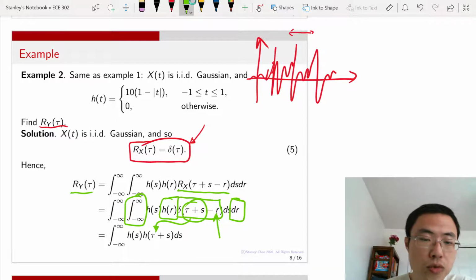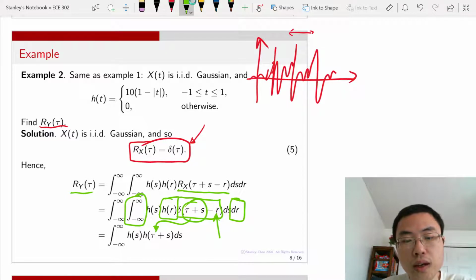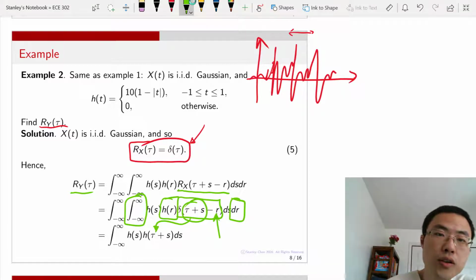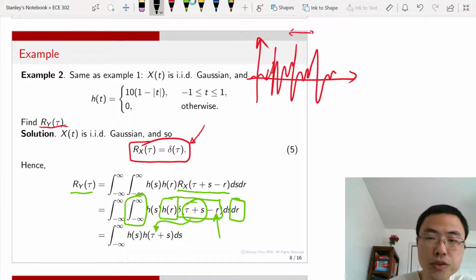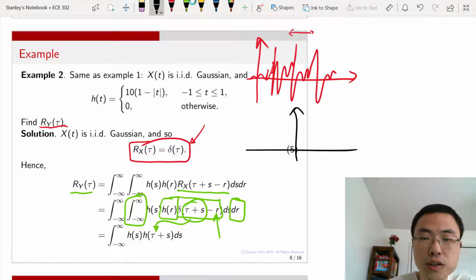And therefore you can remove one of the integrations, and then the other integration will be the integration over s, and then the thing that you need to integrate will be h(s) times h of tau plus s. So I did not continue this calculation because the remaining is just convolution. What you should expect to see is this.